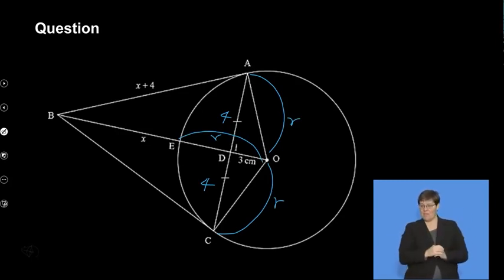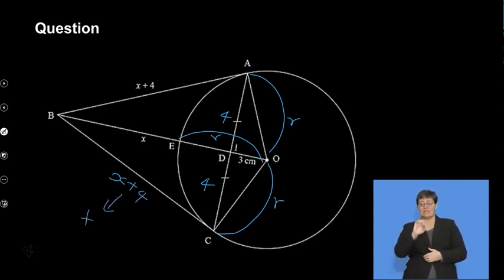So if I find one, I know the others. The other thing I can add is X plus 4, which is BC, because it's tangents from the same external point. I'm just writing it as tans to say tangents.